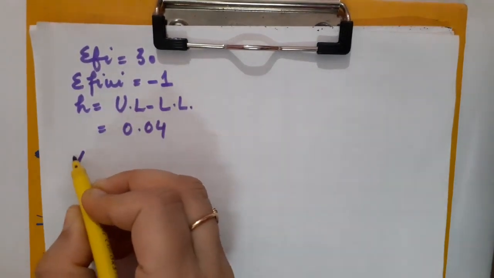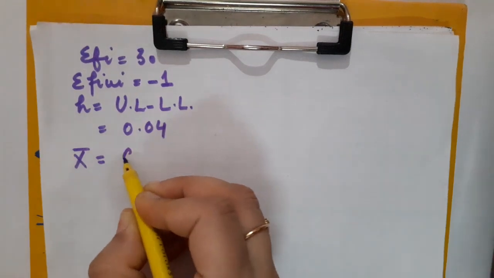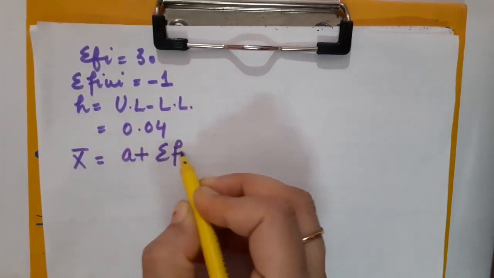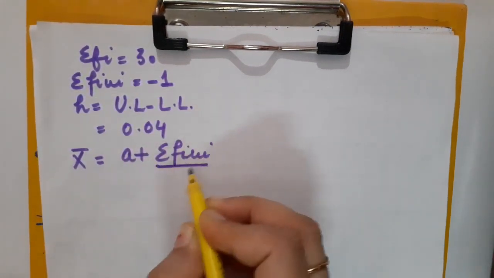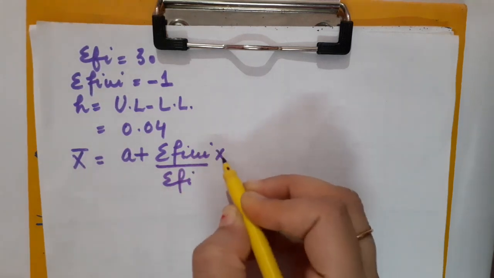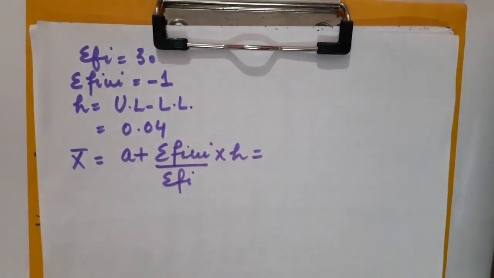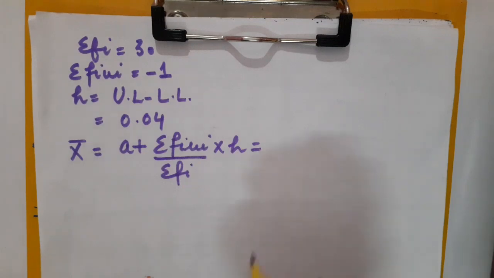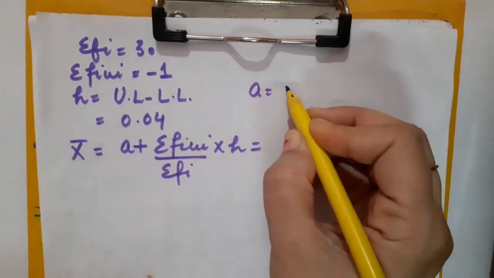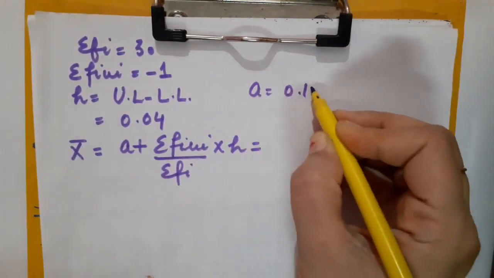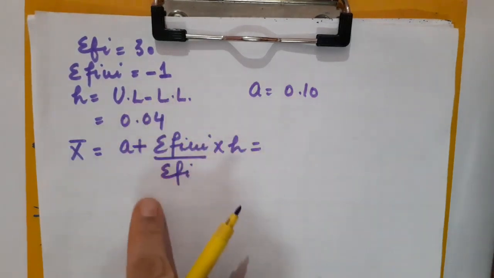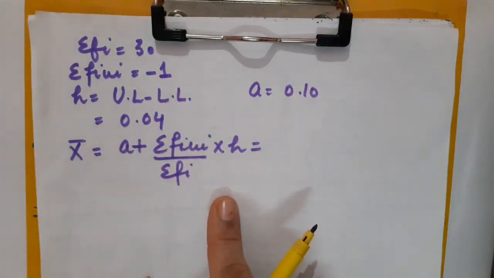So now let us start calculating the arithmetic mean. The formula is x bar is equal to a plus sigma Fi Ui upon sigma Fi, into h. So what was the assumed mean which we have considered? A is equal to 0.10. So let us insert all these values over here to calculate the average mean.